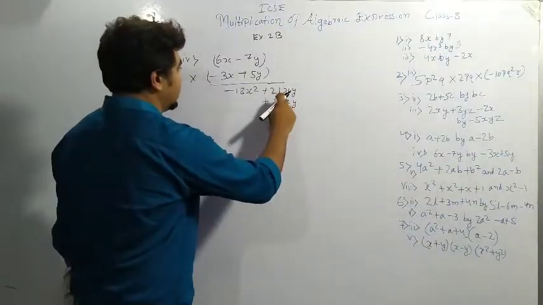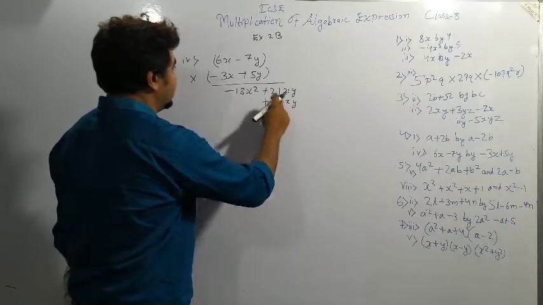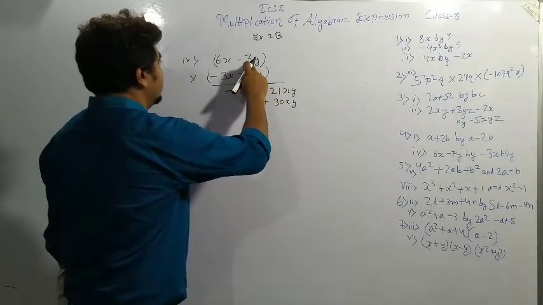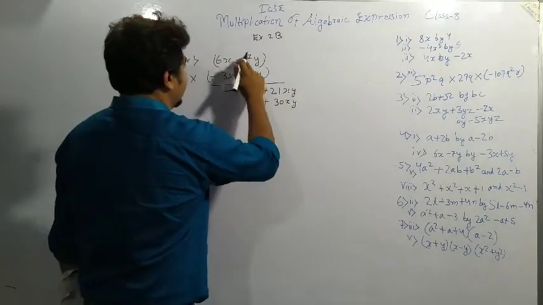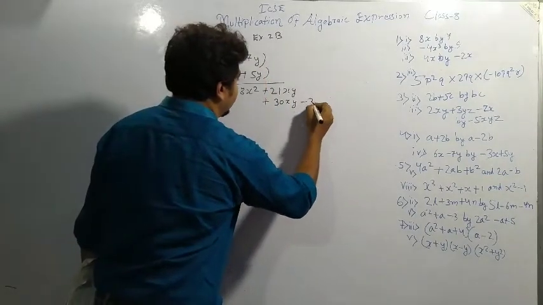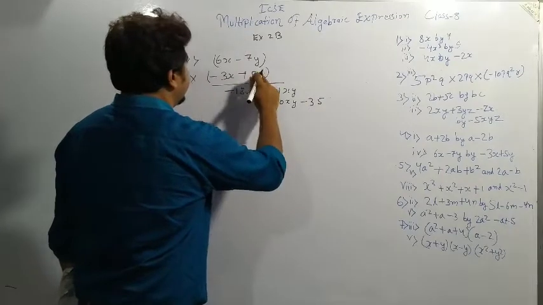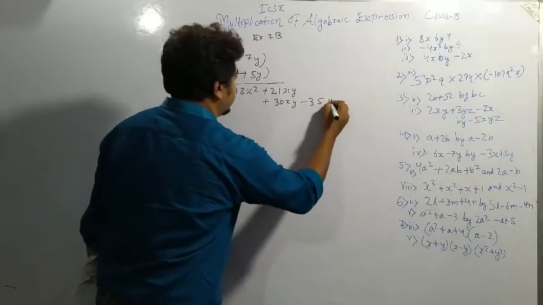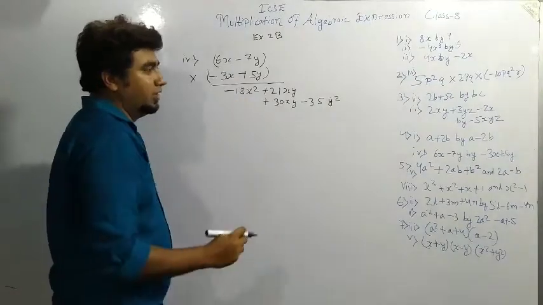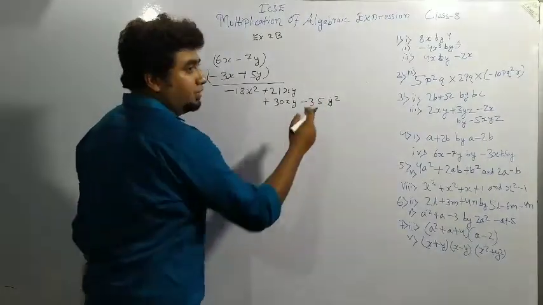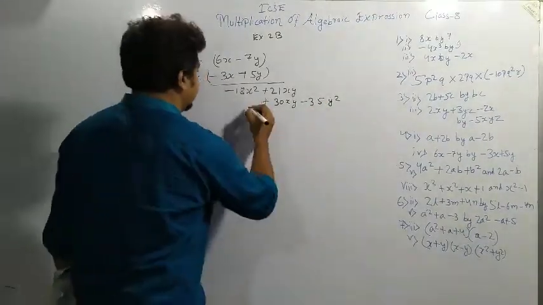So we are writing 21xy and 30xy just below it. 5y into minus 7y: here 5 into minus 7 is minus 35. y into y is y square. Why am I not writing it here? Because this is x square and this is y square. That's why I have written it differently.